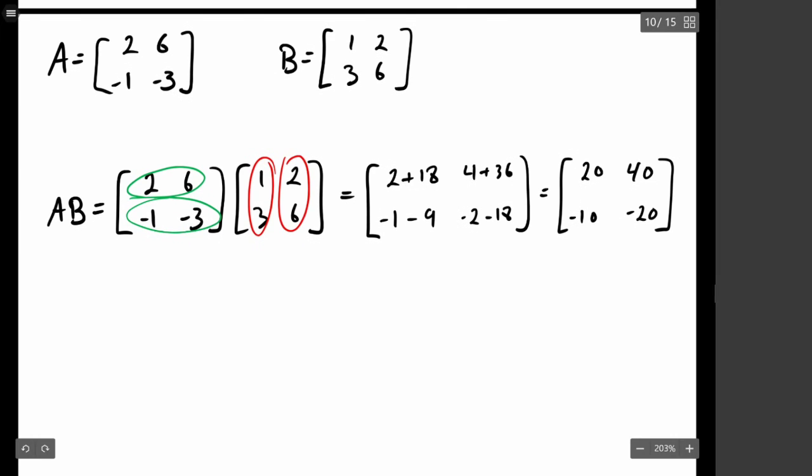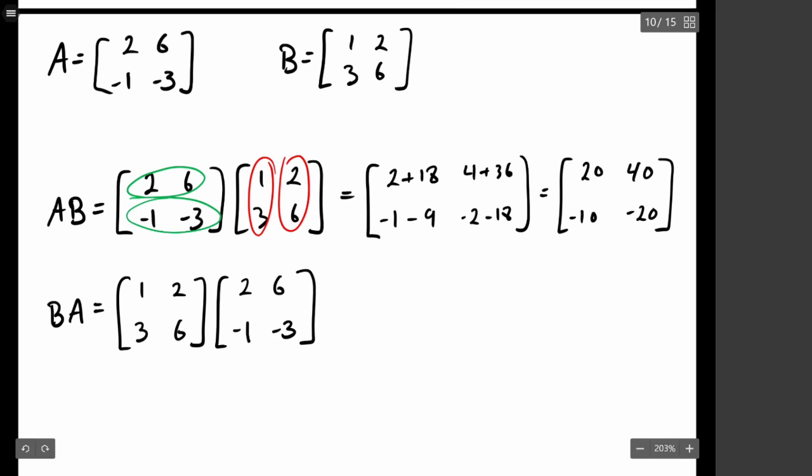But try this one. Pause the video if you need to. Try out this product in the order BA. Right? We had an example before where one order the product was defined, the other order it wasn't. So that's already a little suspicious.